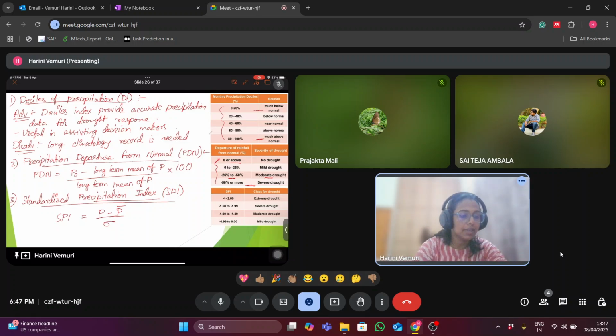So based on the SPI value, we are doing classification. If the SPI value is less than minus 2, then there is an extreme drought occurring at the station. If it is between minus 0.99 and 0, then there is mild drought. If it is a positive value, then there is no drought at all in that area.